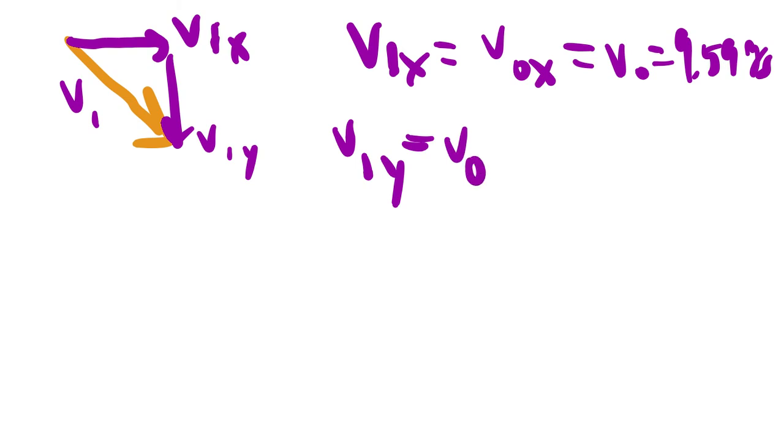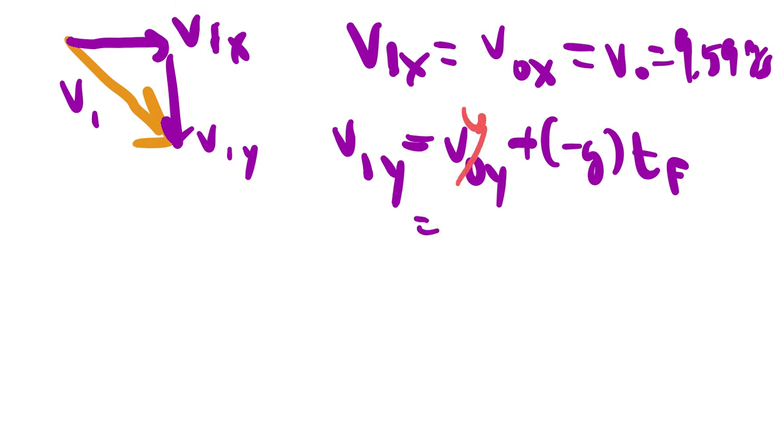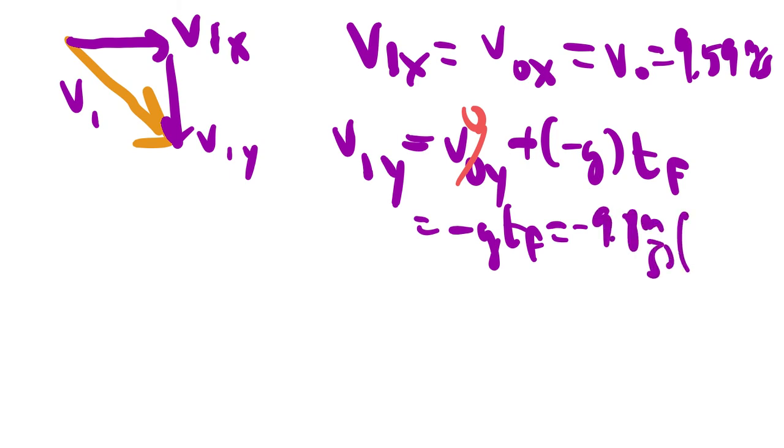It's v initial y plus the acceleration times the time. We know v initial y was 0, so I didn't really have to put that there. So we get minus g tf.